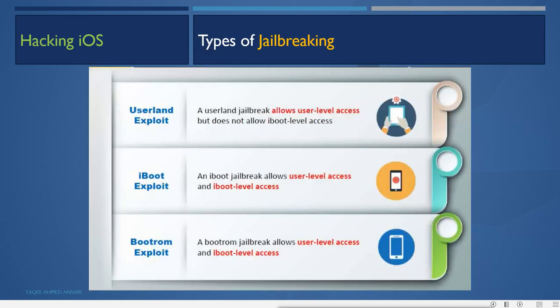The types of jailbreaking for iOS are the userland exploit, the iBoot exploit, and the BootROM exploit. First, a userland jailbreak allows user-level access but does not allow iBoot-level access. Then an iBoot jailbreak allows user-level access and iBoot-level access also.